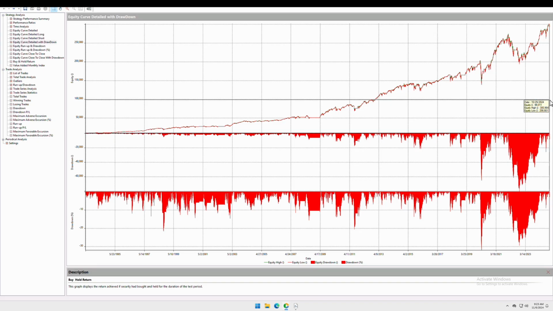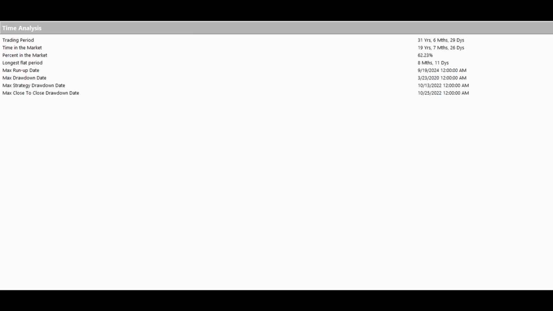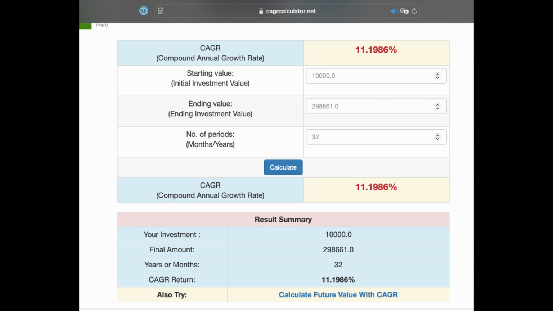Our strategy started out with $10,000 and ended up with $298,661 after 32 years. With these numbers, our calculated CAGR value is about 11.2%. Now let's calculate the CAGR if we were to buy and hold the SPY ETF over the same time period.